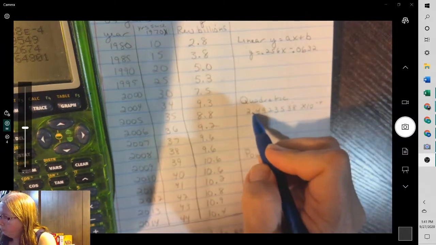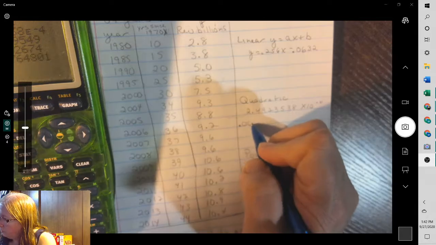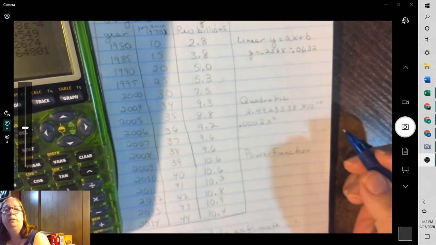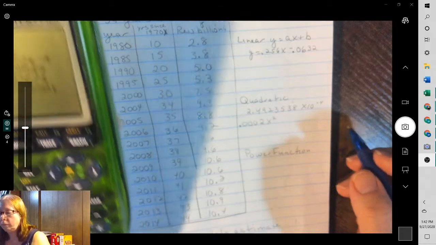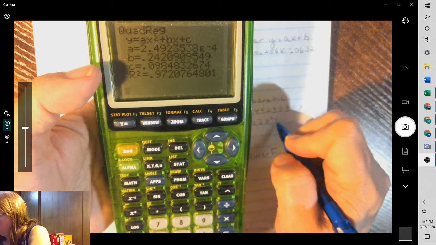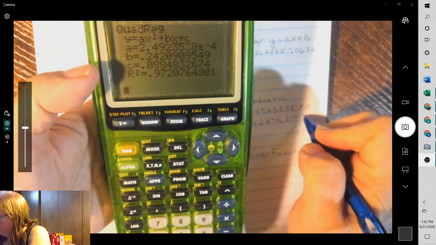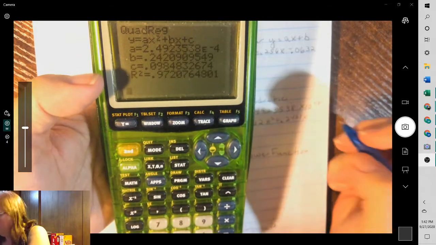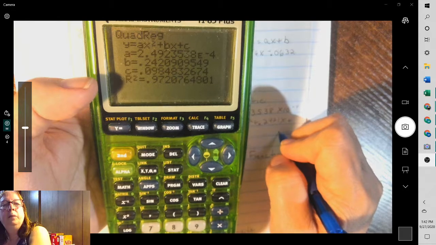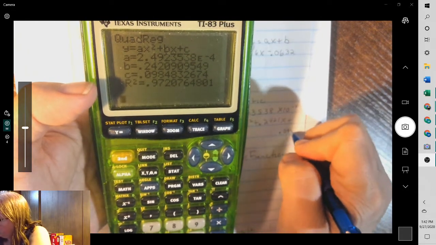We're going to have to move over 4, so it's 0.0002x squared because it said to go 4 decimal places. b is plus 0.2421x, and then plus, running out of room, 0.0985.